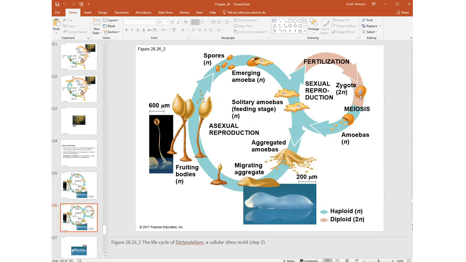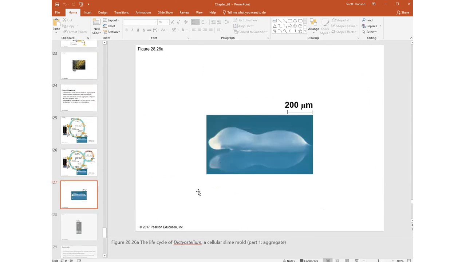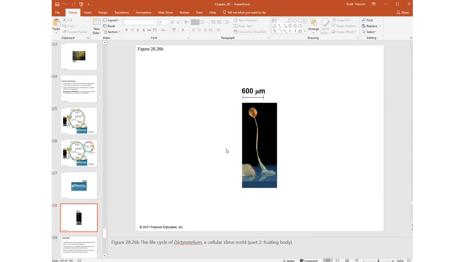And then when the diploid zygote goes through meiosis, it produces haploid amoebas that'll go into the asexually reproductive part of the life cycle. So, and here's a close-up and detailed photograph then of the fruiting body of the dictyostelium.